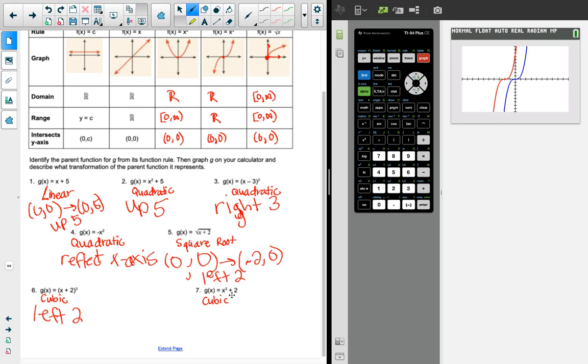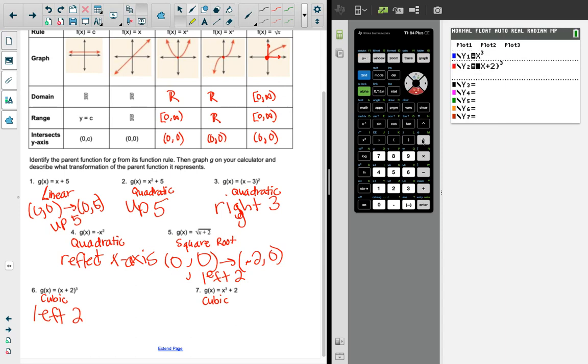All right. And then our cubic, x cubed plus 2. Let's compare these two based on what you've seen before. Let's look at these two, number 2 and 3. This quadratic, x squared plus 5, moved up 5. But this quadratic, the way it was written, x minus 3 squared, went right 3. So in number 6 here, this cubic, it was x plus 2, it moved left 2. But now if we take the x cubed and add 2 to the whole thing, think for a second, which direction do you think it's going to go?